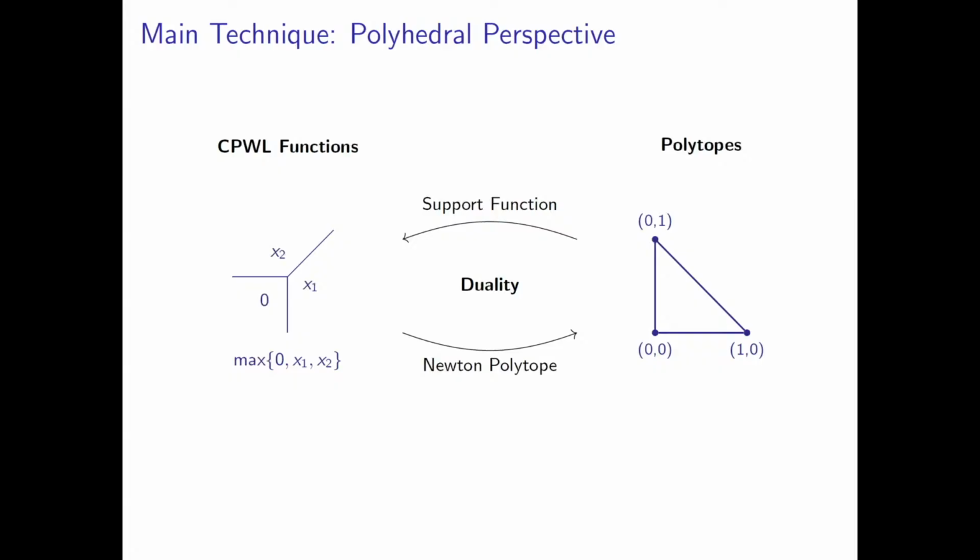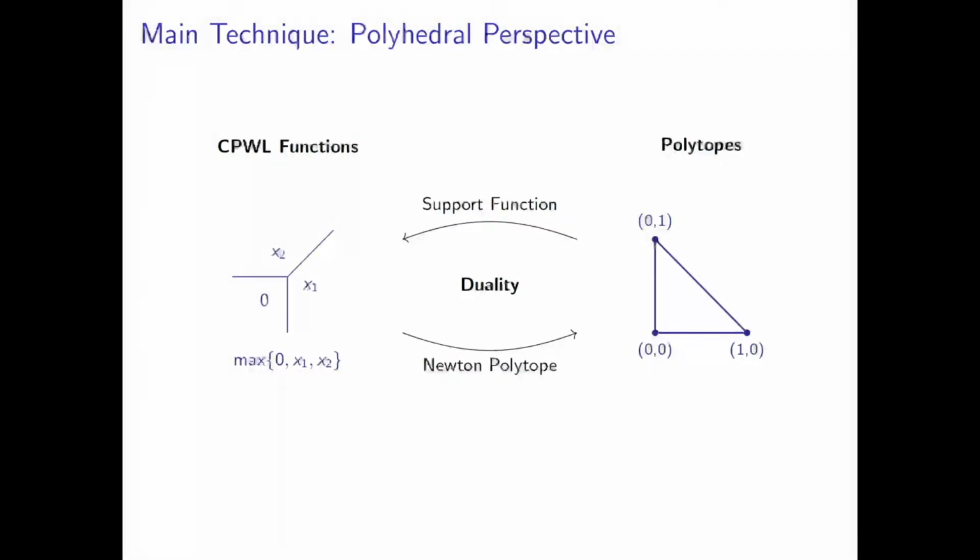You can also go the other way. Given any polytope, here's the obvious way. You take the vertices and you take the maximum of the vertex transposed input, and that gives you a continuous piecewise linear function. Another way of viewing this is you solve a bunch of linear programs.